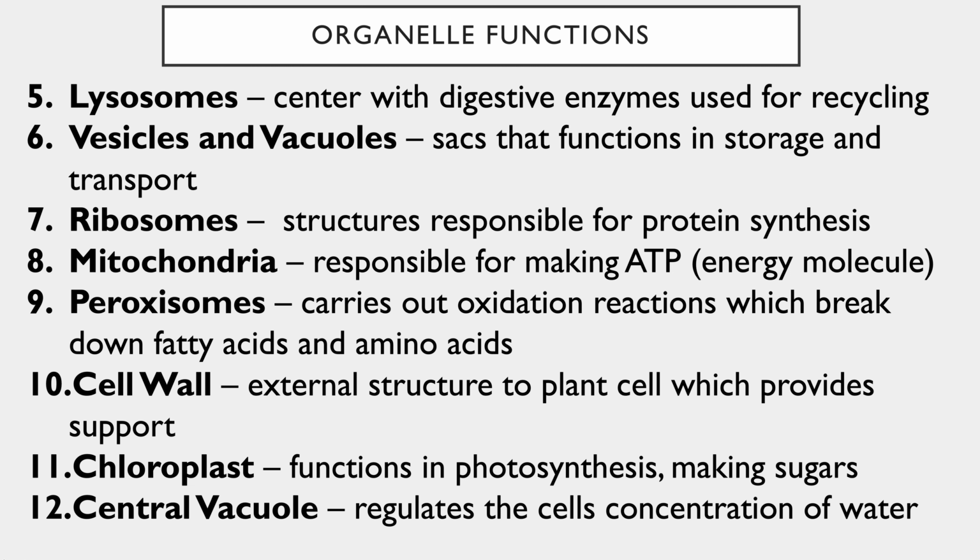Peroxisomes, these carry out reactions called oxidation reactions, and essentially they're used to break down molecules called fatty acids and amino acids. The cell wall, which is specific to the plant cell only, is an external structure which provides support for the cell. The chloroplast, also native to the plant cell, almost always.